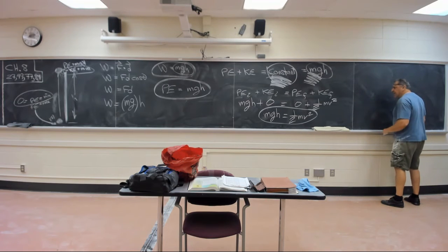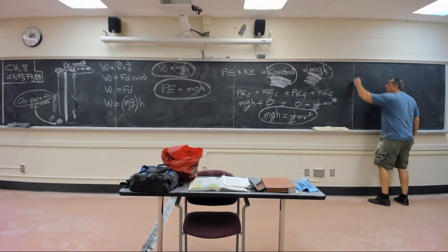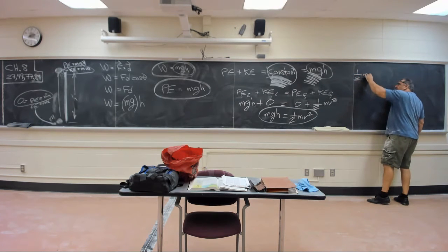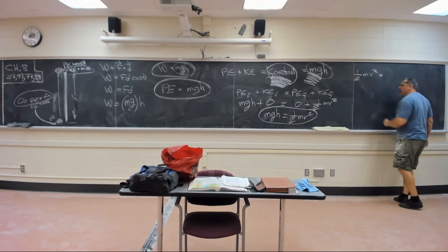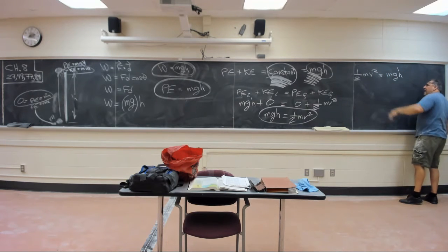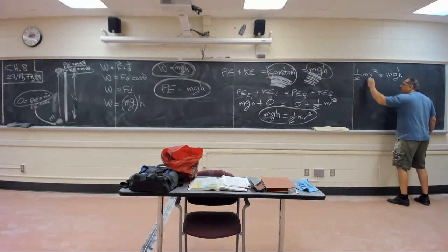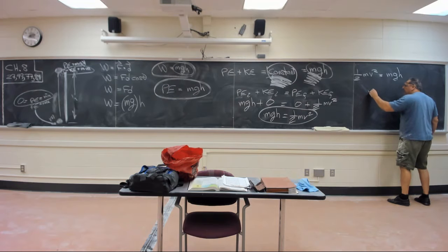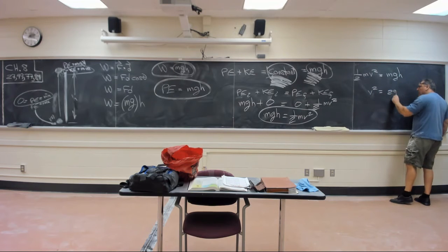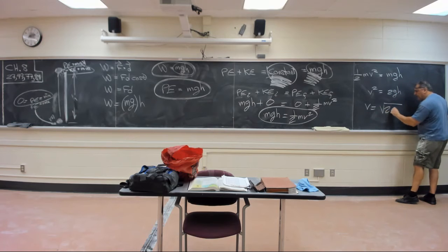If you wrote it like this, say, hey, I'm going to find out how fast that thing's going at the very bottom. The m doesn't matter. Divide by m on each side and multiply by 2. Now square root both sides.